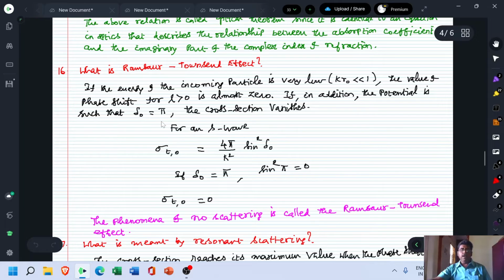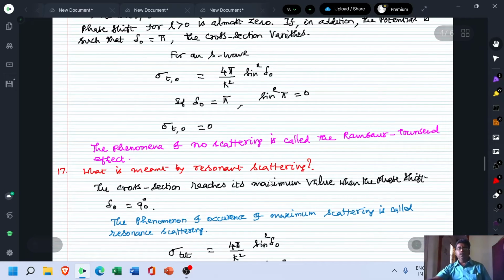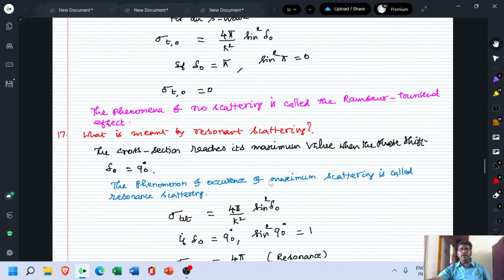Furthermore, if the value of delta 0 is pi, then the cross section vanishes. For an S wave, sigma total is equal to 4 pi by k square into sin square delta 0. If delta 0 is pi, the cross section vanishes because sin square pi is equal to 0. So the phenomenon of no scattering is called the Ramsauer-Townsend effect.